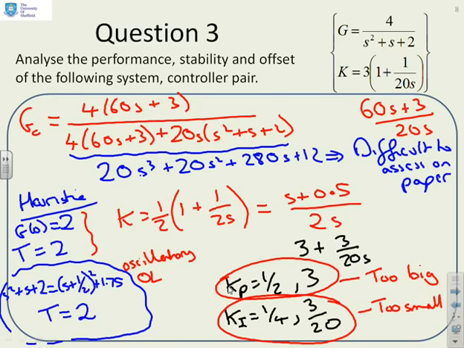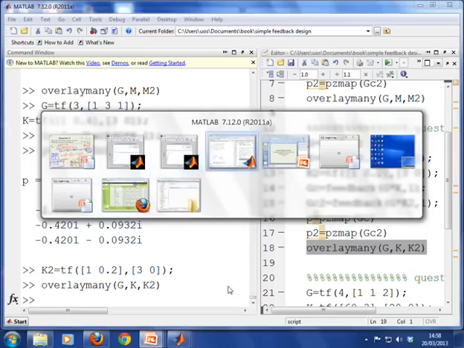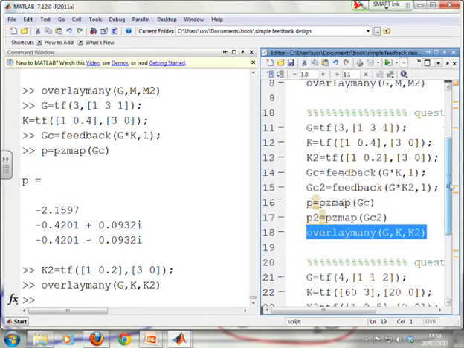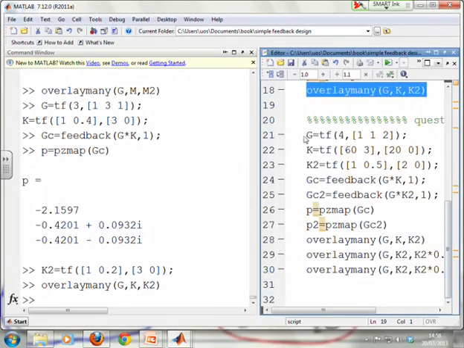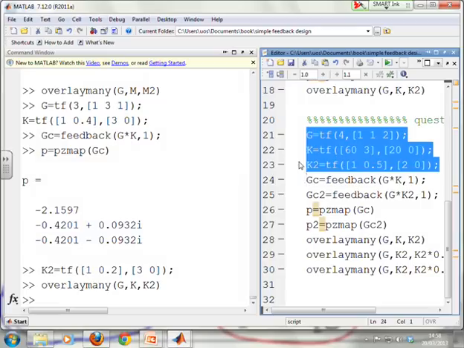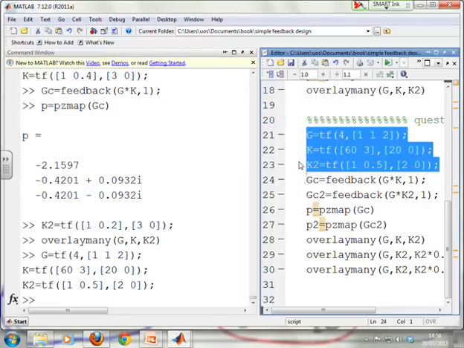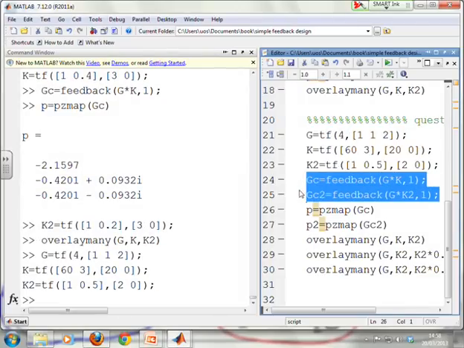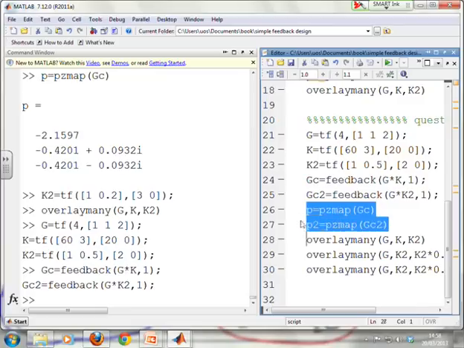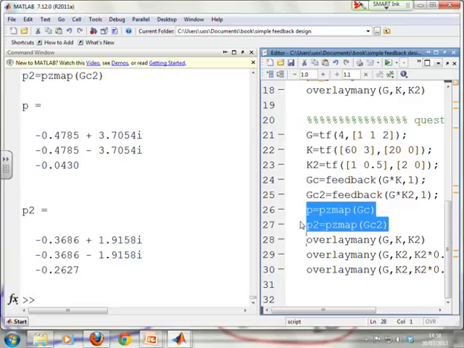So let's have a look now with MATLAB and see what we get. I enter my G and these two compensators, the one given and the heuristic, calculate the closed loop transfer functions, and let's look at the poles. What do you notice?